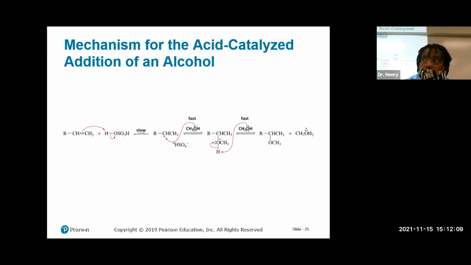We're going to end up with HSO4 minus, and then we're going to get the cation of that secondary carbon, then the electrons on the alcohol are going to donate its electrons to that cation.